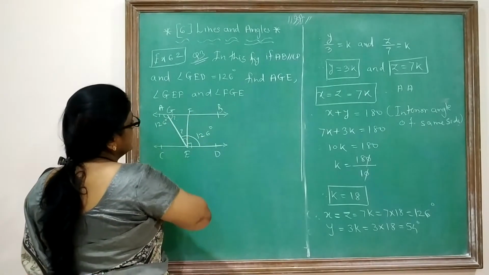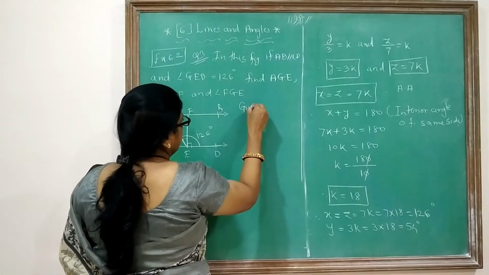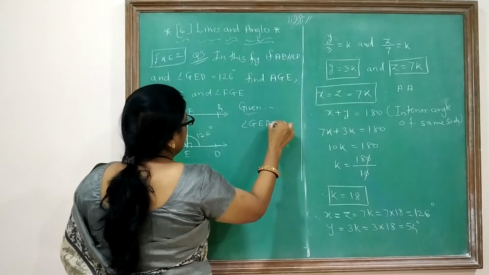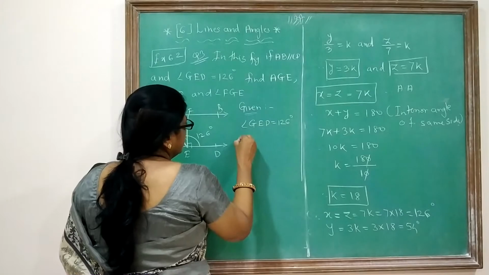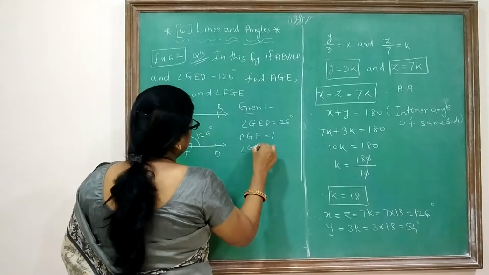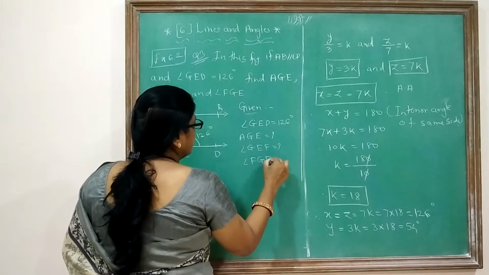Then first we will write your given condition, and your given condition is angle GED equal to 126 degree. Then angle AGE equal to question mark, GEF equal to question mark, and angle FGE equal to question mark.